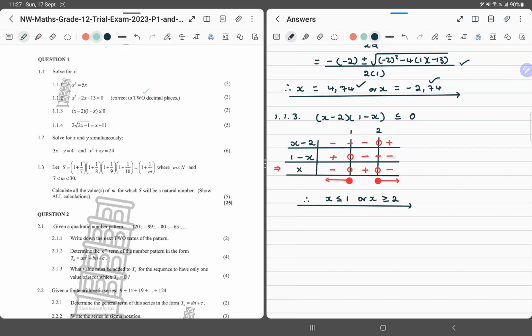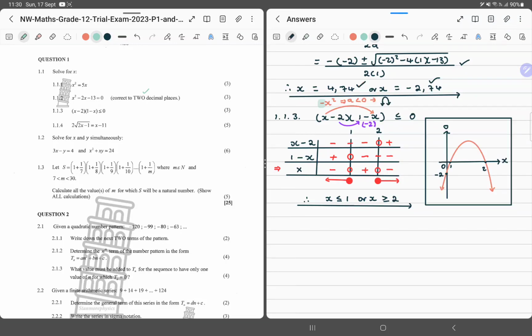Okay, so I'd like to show you another technique quickly, but I'm just going to wrap it up pretty fast. The other tool that you can use is the graph, because this is a parabola. How you do it, you just multiply that x by that minus x to get minus x squared. And from there you can see the sign, the coefficient of x squared is negative, meaning our a is less than 0.